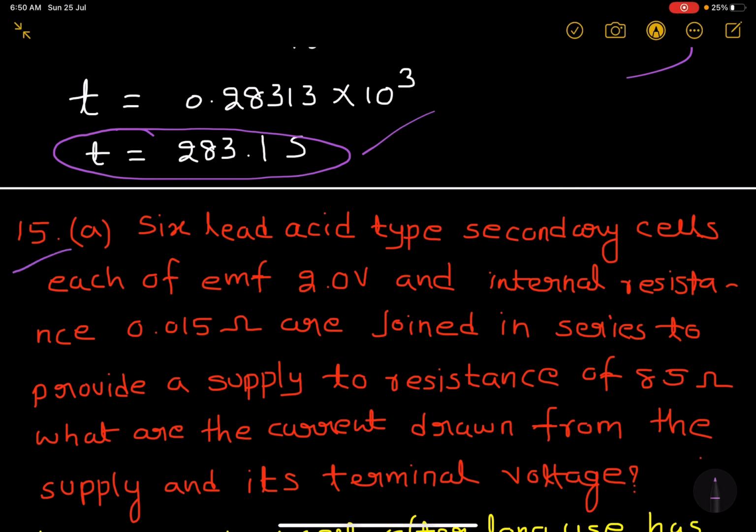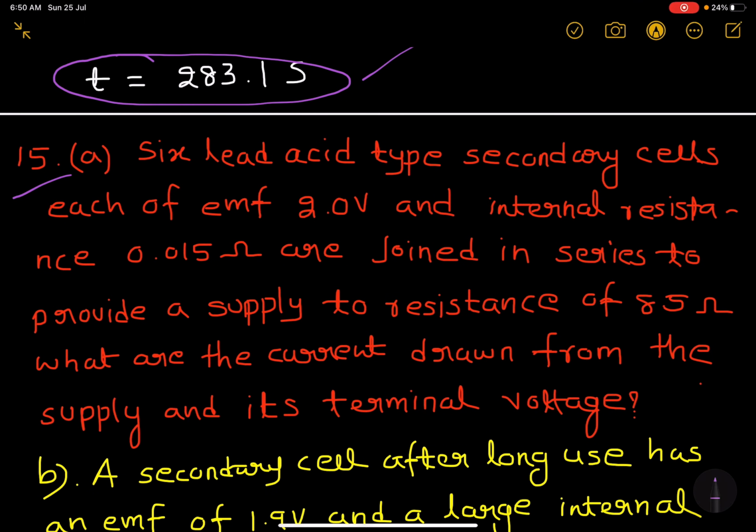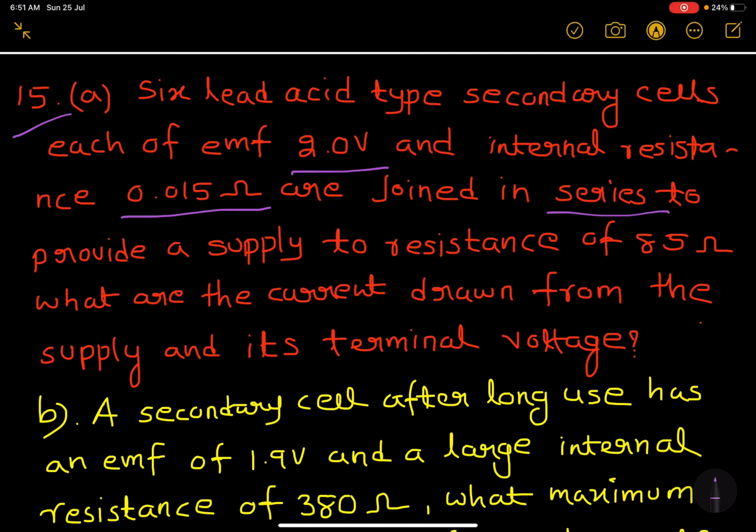The 15th question has two parts. Six lead acid type secondary cells, each of EMF 2 volts and internal resistance 0.015 ohms, are joined in series to provide a supply to a resistance of 8.5 ohms.